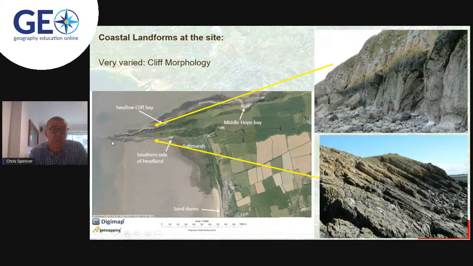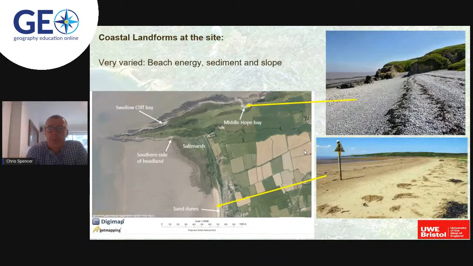All of the northern side of the headland has near vertical cliffs, and all of the southern side of this headland has much more shallow sloping cliffs. There's got to be something controlling that. We can look at what the drivers are behind that difference.